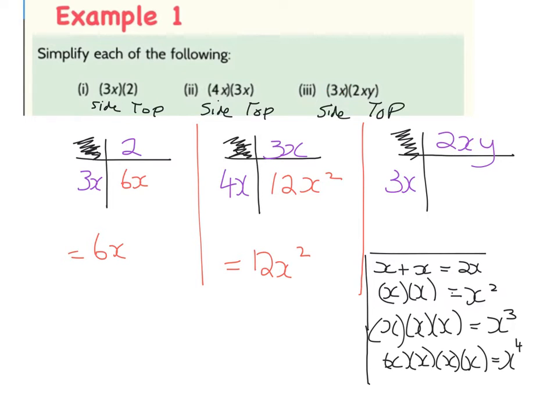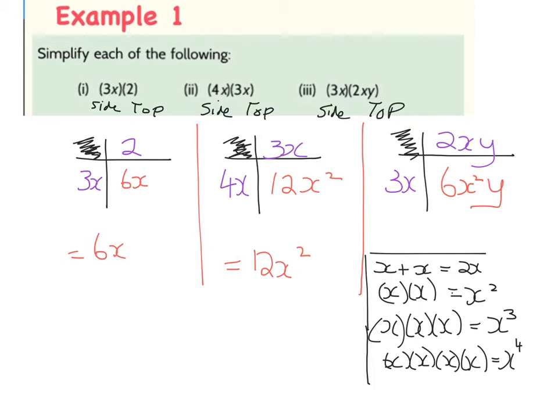First things first, I'm going to multiply my numbers together. So 3 multiplied by 2 gives me 6. X multiplied by x gives me x squared. And the y is left here, so it's 6x squared y. That is my answer to that one there.